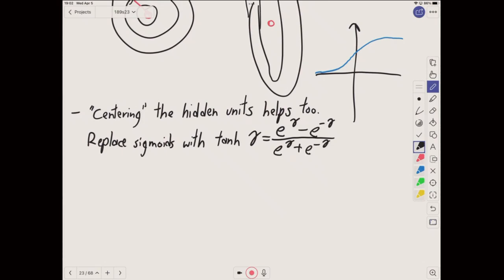And this is actually really closely related to the logistic function, aka the sigmoid, because really what we're just doing is essentially scaling the input by 2, then we're subtracting 1 so that it will be centered around 0, like I said we want it to be, and then multiplying by 2 again.